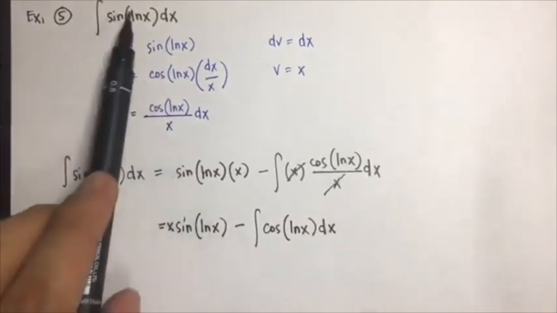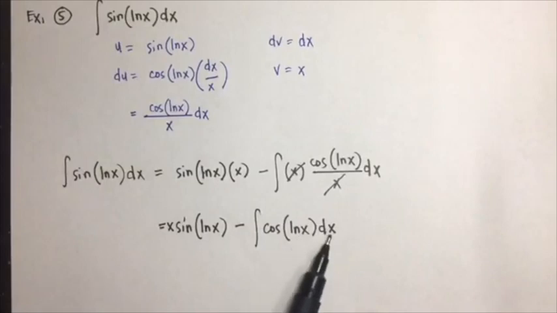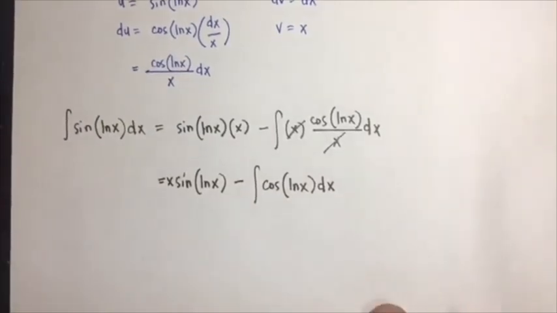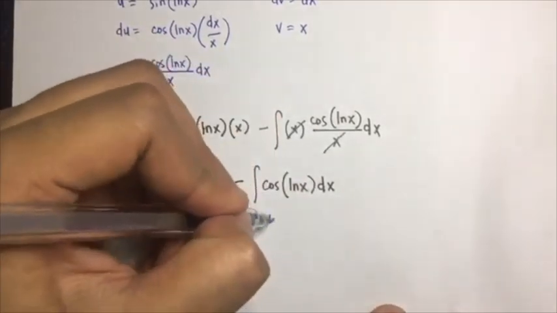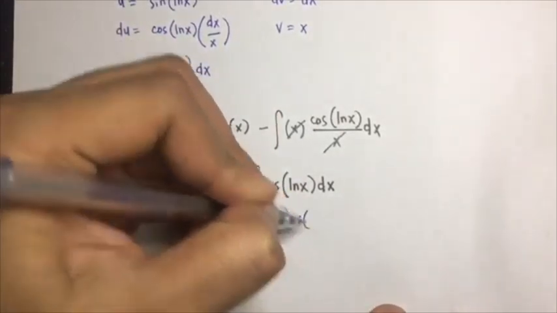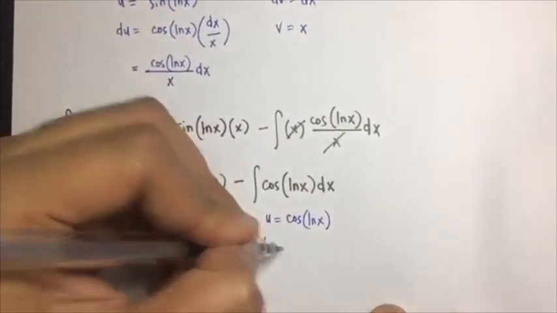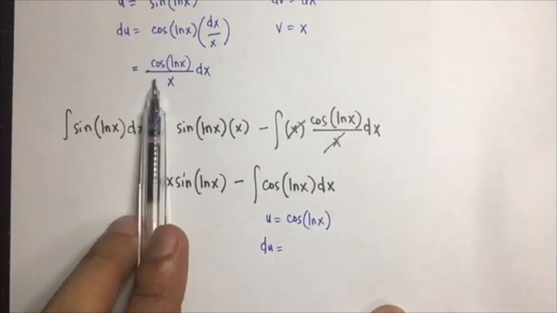Similarly here, we still can't integrate this, so we can apply another integration by parts. Our u here is the cosine of ln of x, and our du is similar to what we did here.